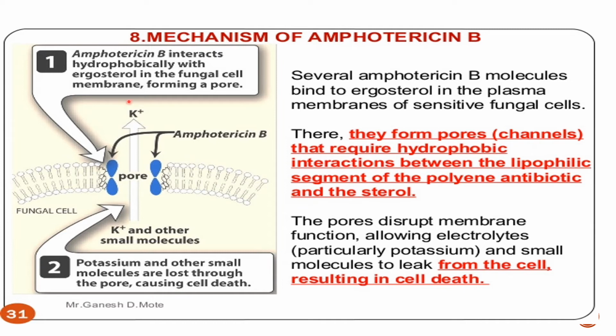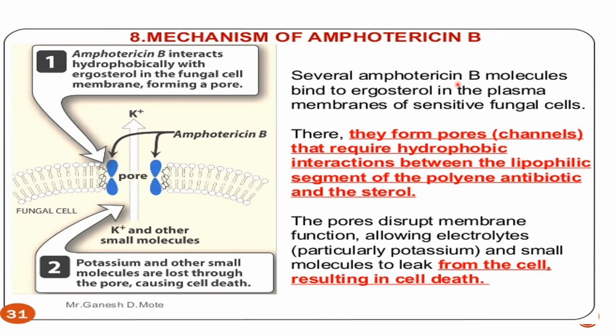So for our Amphotericin B, it uses its structure by interacting with the hydrophobic part of the fungal cell directly on the ergosterol. It will form a pore. Once it forms a pore, the potassium and other small molecules will leak out or will be lost through the pore, causing cell death.